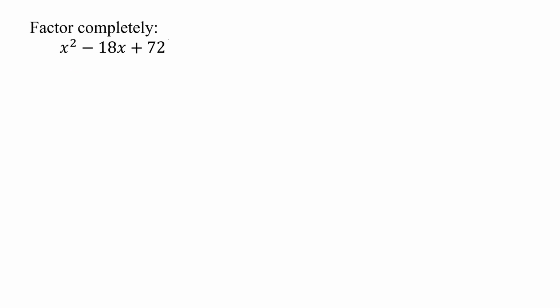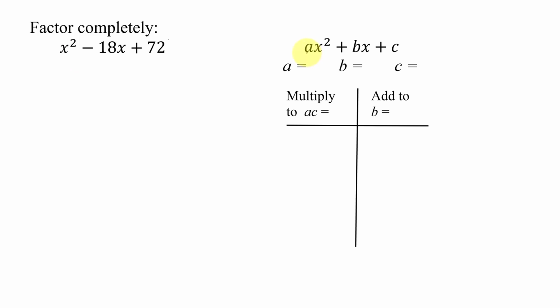So what we're going to do is compare it to ax squared plus bx plus c. A is the coefficient of the x squared. What number are we writing in front of that x squared? It is a 1, so A is 1. B is the coefficient of the x term.